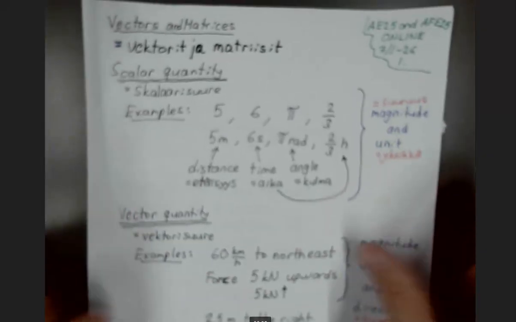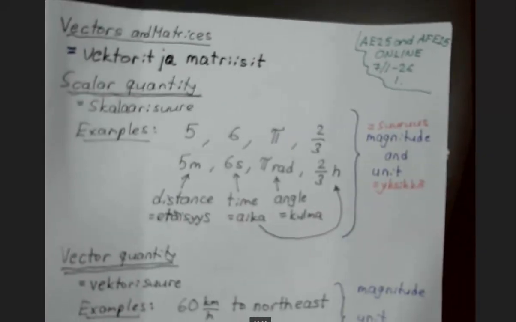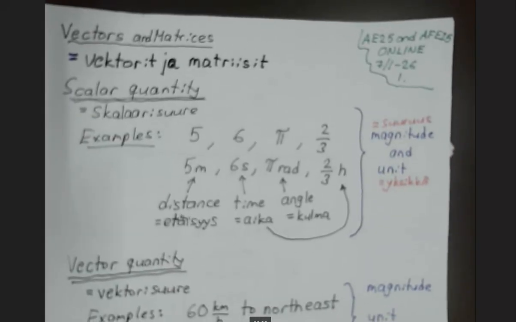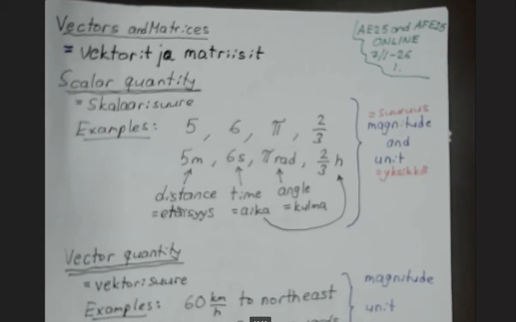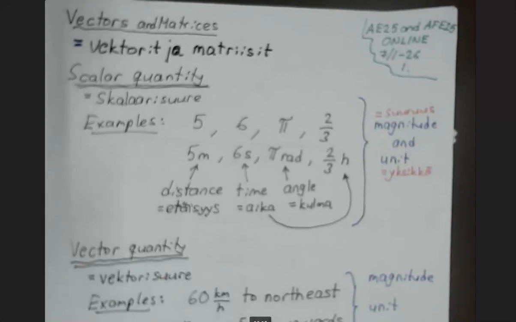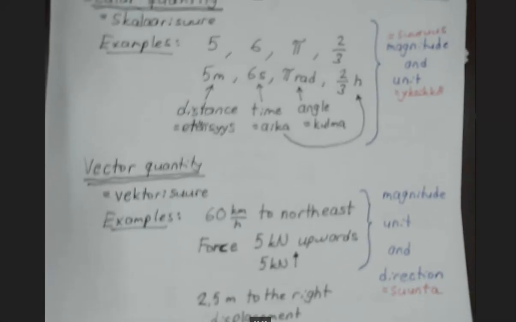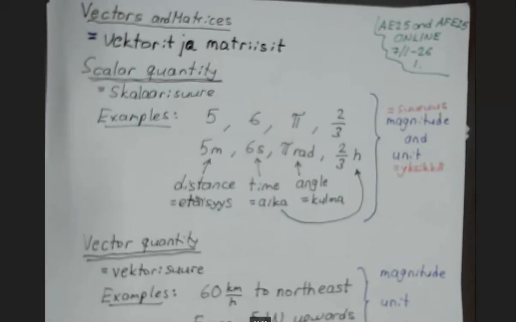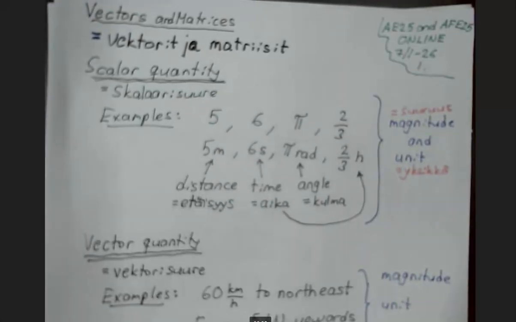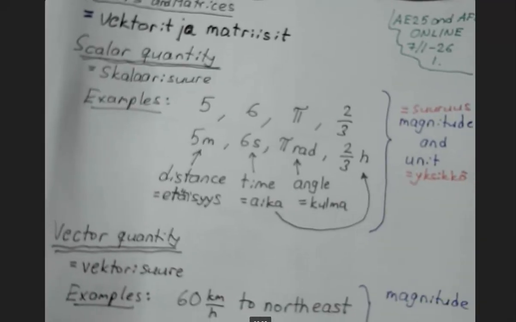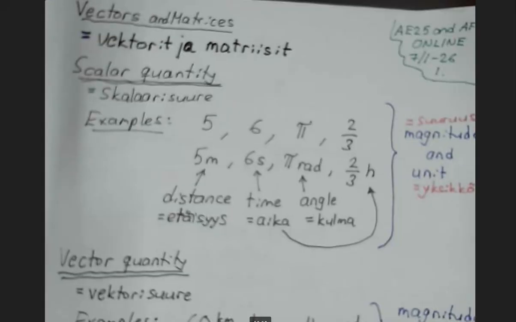We have considered these first things some weeks ago. We had started this vectors and matrices course, and then we had some concepts there, scalar quantities and vector quantities. I'm sorry about the quality of this camera. There are some mistakes there.